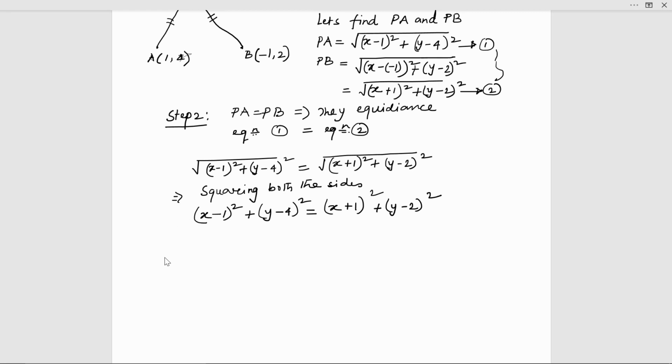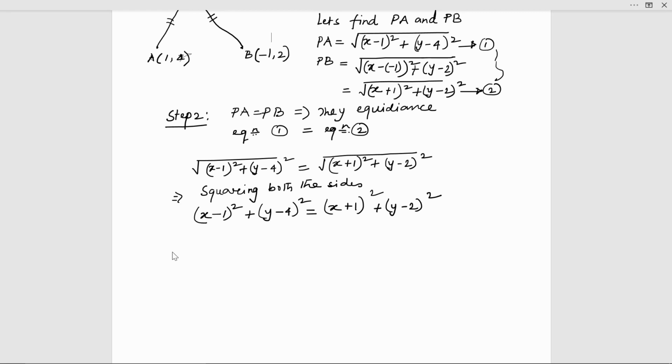Now I'm expanding these in the form of (a plus b) or (a minus b) whole square respectively.